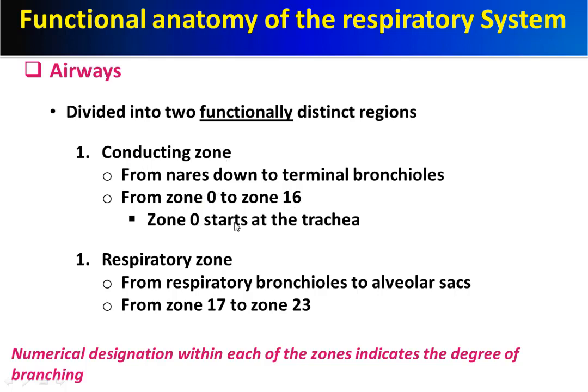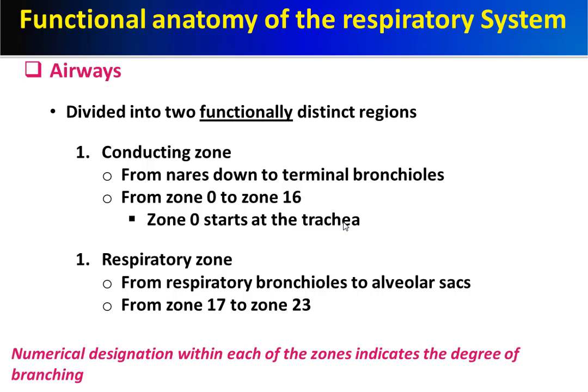Now the trachea branches into two main bronchi, and the two main bronchi branch into lobar bronchi, which go to the lobes, and the lobar bronchi divide into segmental bronchi, which go to the bronchopulmonary segments, and the segmental bronchi divide into subsegmental bronchi, and so on.